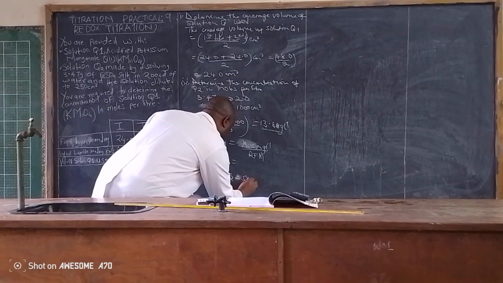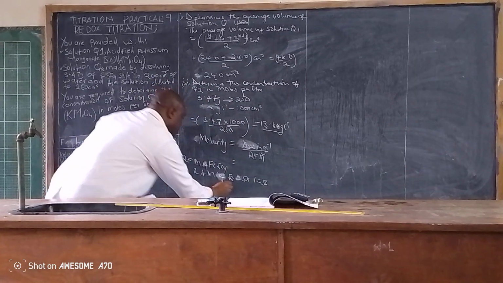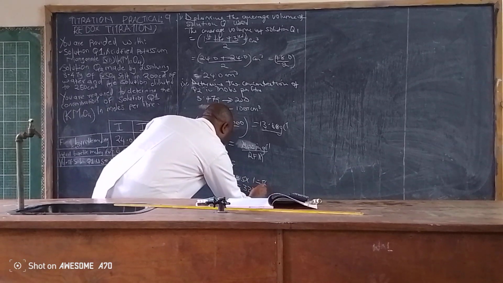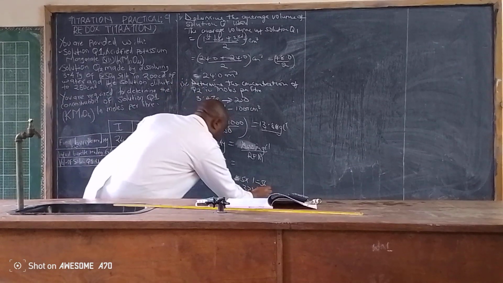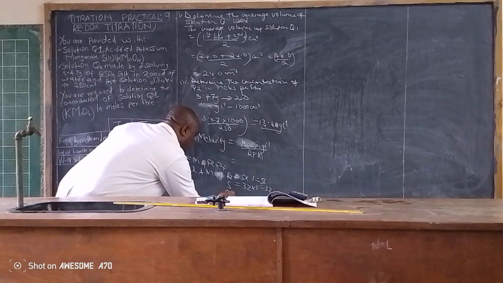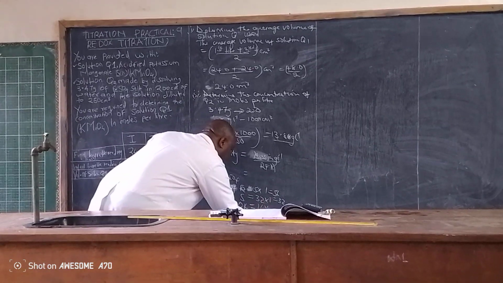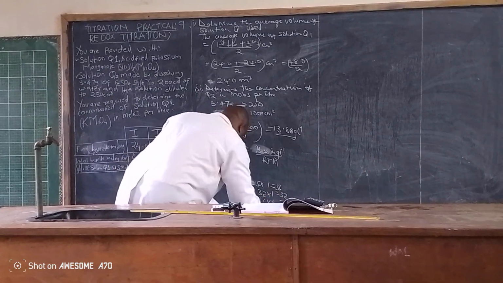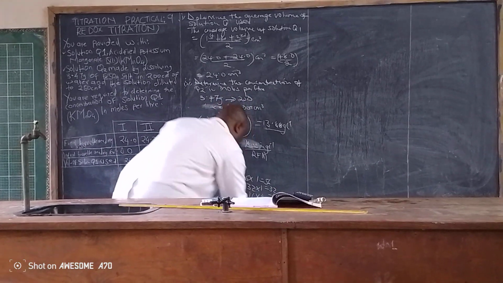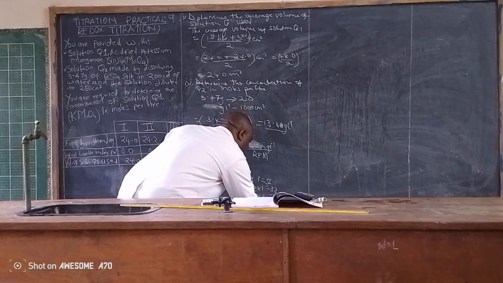It is always 56 times 1, which is 56. Then sulfur, it is 32 times 1. In this compound, it is just one atom of sulfur, which gives us 32. And then oxygens are 4. The relative atomic mass of oxygen is 16 times 4, which is 64. Then we add everything, which is giving us 152.